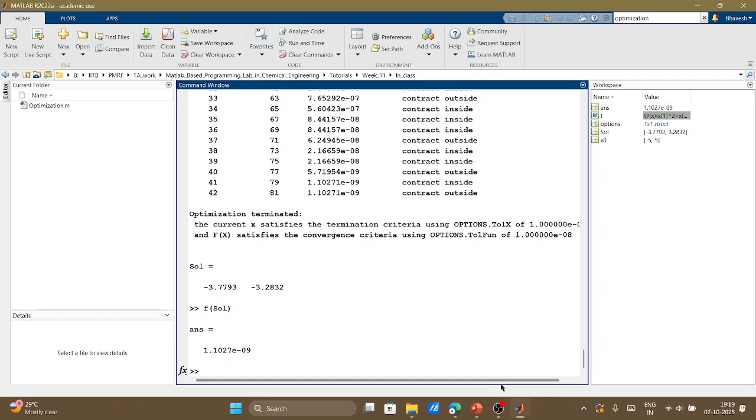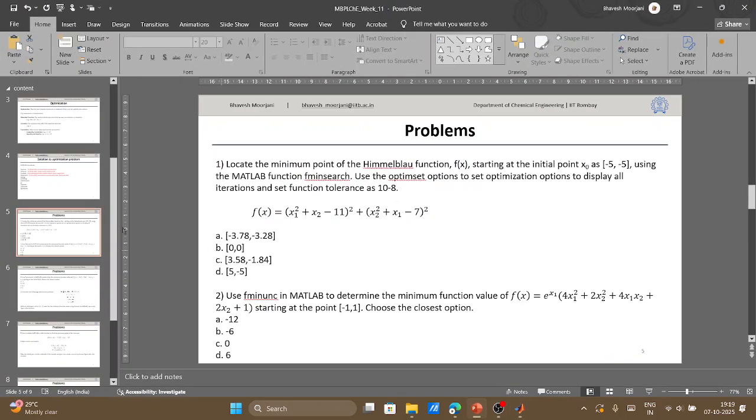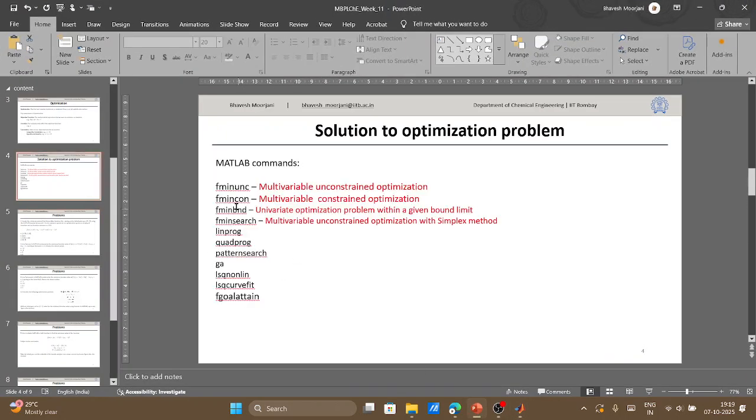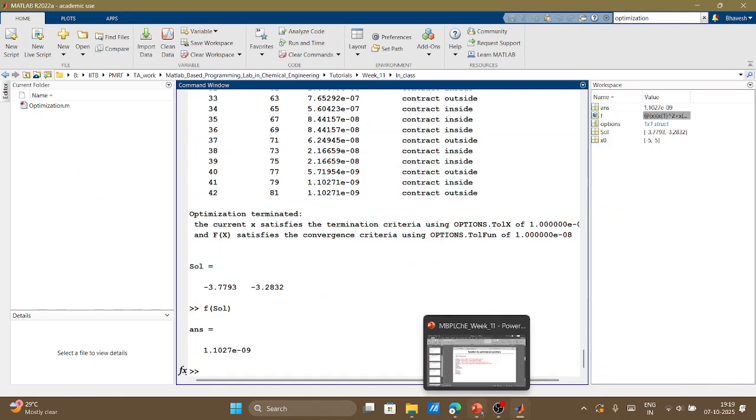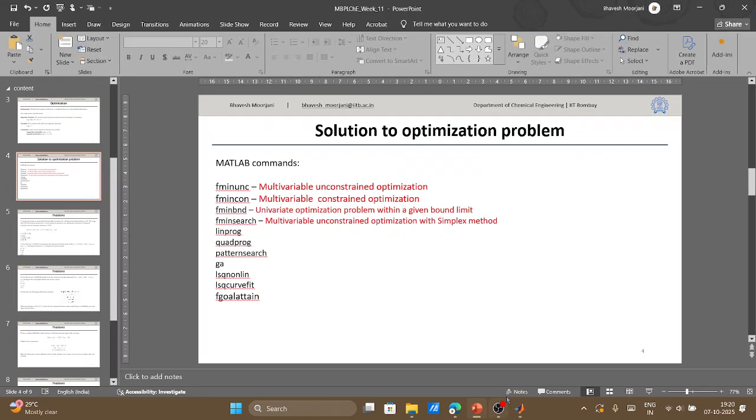Now we wanted to compare this, since f mean search and f mean unconstrained both are similar. What kind of value we will get? So let's try and check it.